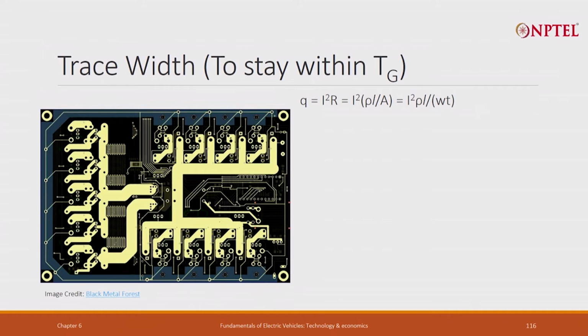Now, this area A, I will write it as W into T. What is W and T? The width of the trace multiplied by the thickness, as you can see here. So, the product of W and T is the area, and the heat generated is I squared into rho L by W T.